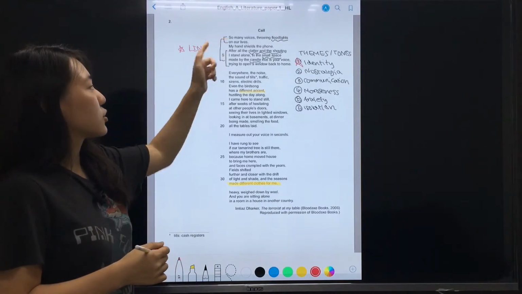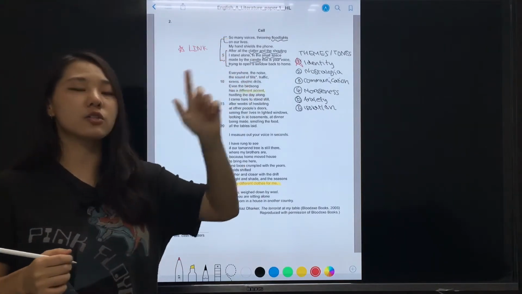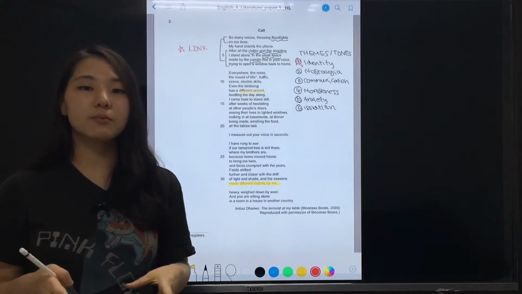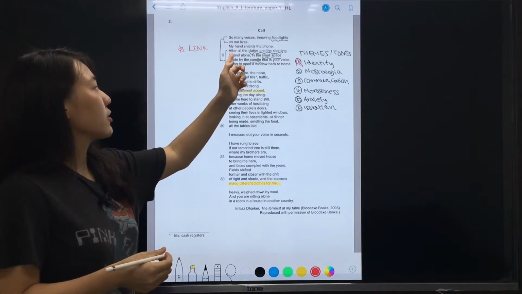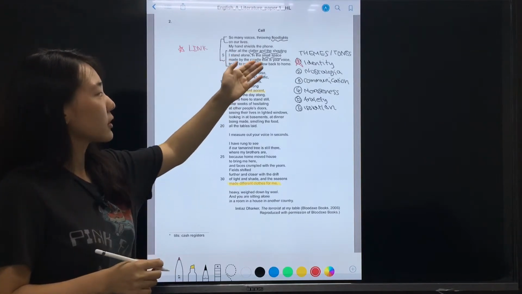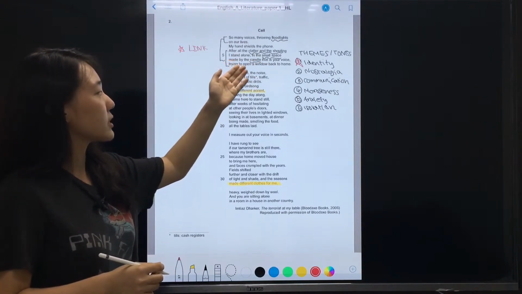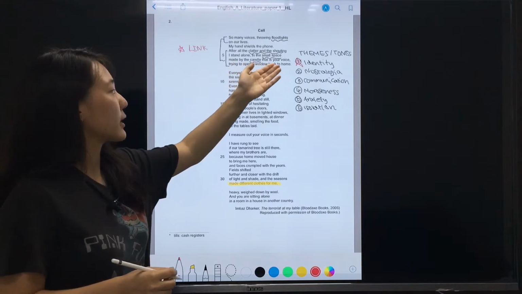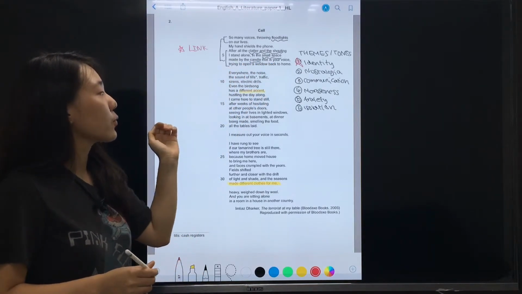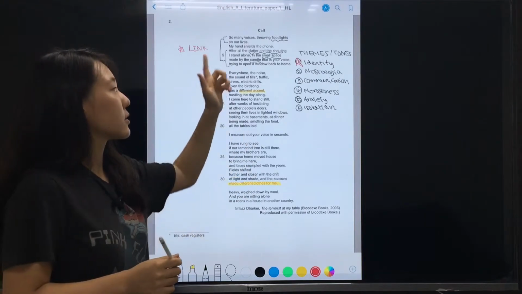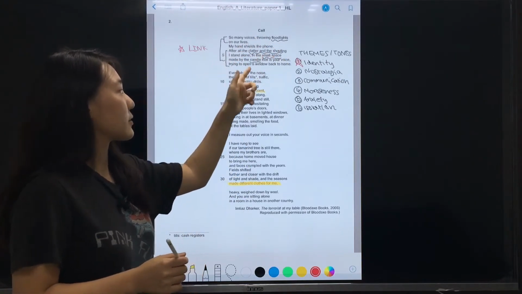I've linked these 2 lines together just because it is crucial here to link them together and bring it back to the thesis statement. Here in this line it says, after all the clatter and the shouting, I stand alone in the small space made by the candle that is your voice trying to open a window back to home. So here we can directly contrast the words floodlights and candle.